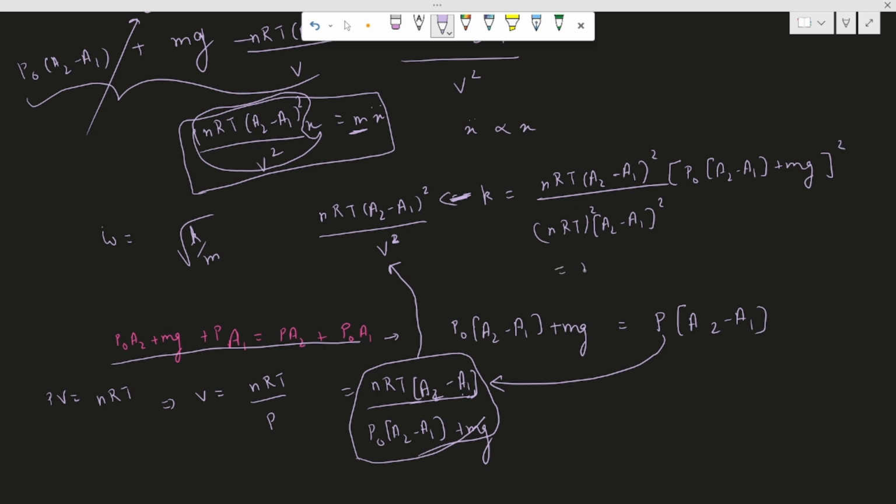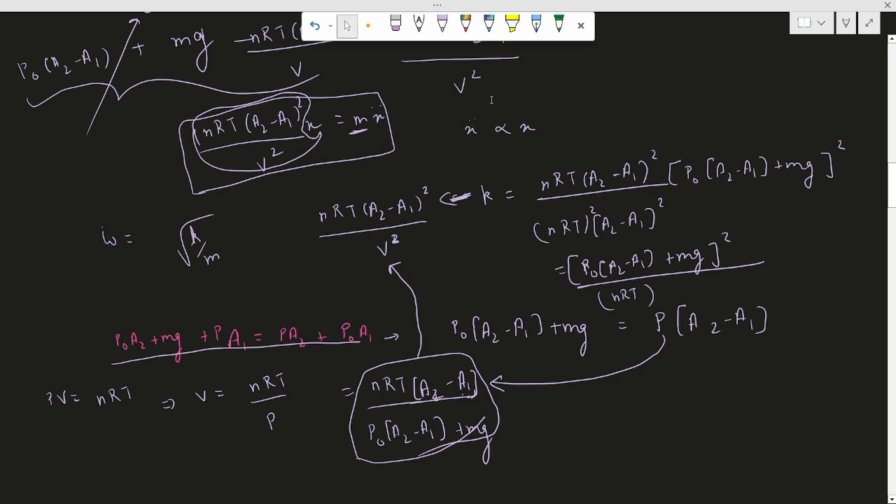So this will be equal to (P naught (A2 minus A1) plus mg) whole square by nRT. So this is our k.